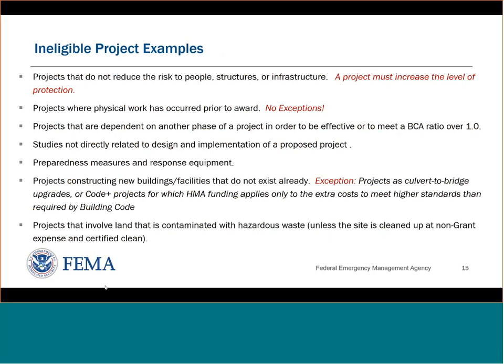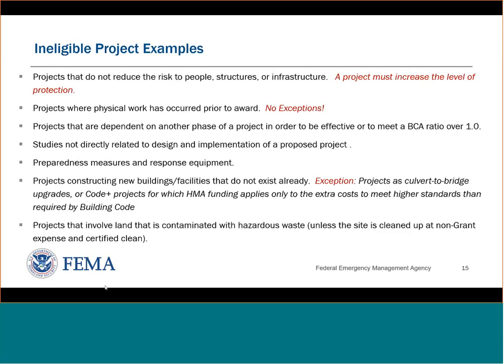Projects where physical work has occurred prior to award are not eligible. Also not eligible are projects dependent on another phase of a project in order to be effective. Studies that are not directly related to design and implementation of a proposed project are not eligible. Preparedness measures or response equipment are not eligible for mitigation funding.